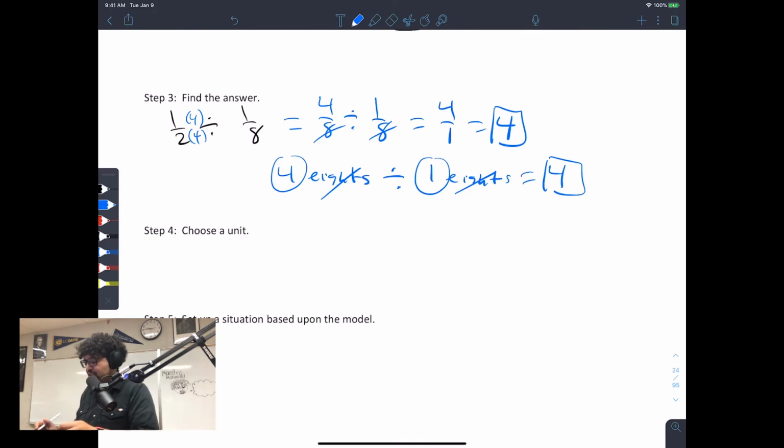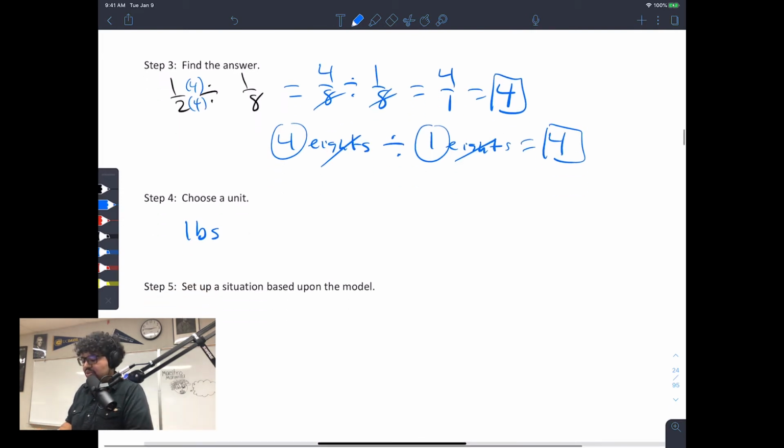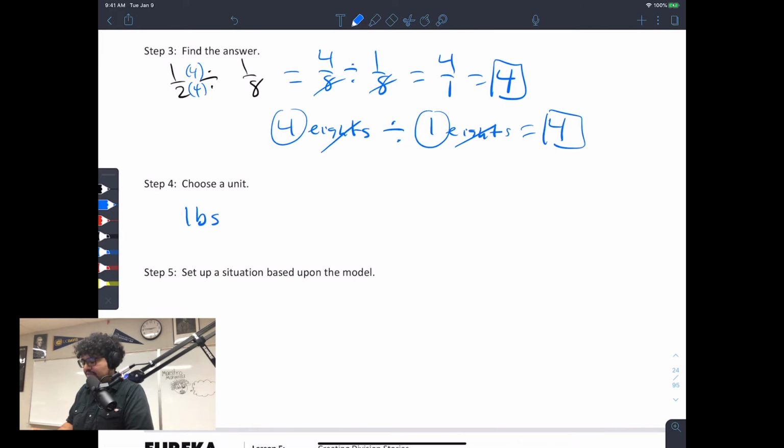Okay, so now it says choose a unit. Here, you can use any unit of measurement that you like. Units of measurement being grams, milligrams, pounds. In this case, let's stick to pounds. Step number 5, set up a situation based upon the model. Again, you can come up with any situation you can think of, any type of problem.